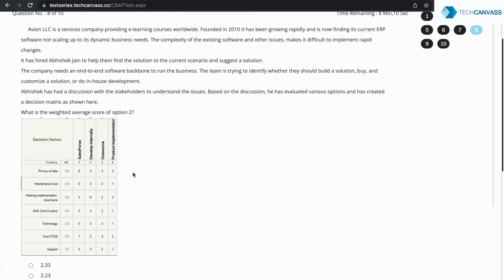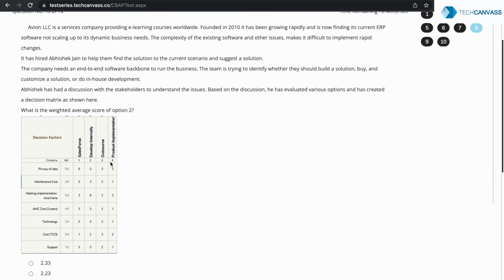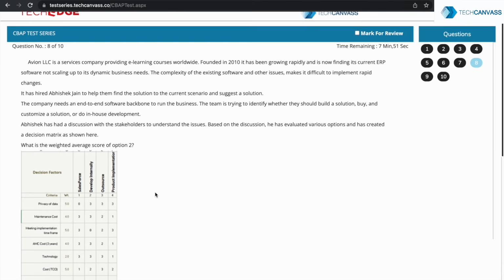A table has been given. There are multiple options, like option 1, option 2, option 3, and option 4. And there are criteria with a weightage given, and across these, the scores a business analyst has given for each criterion.